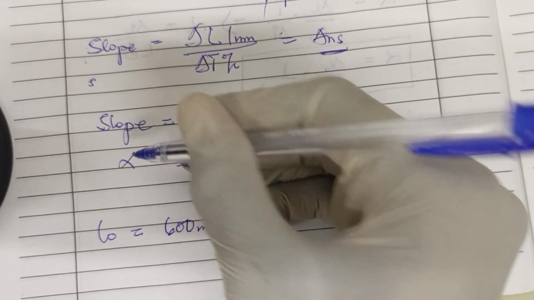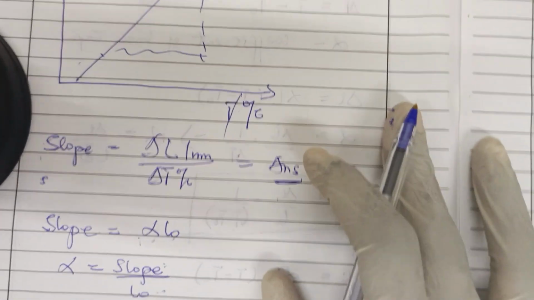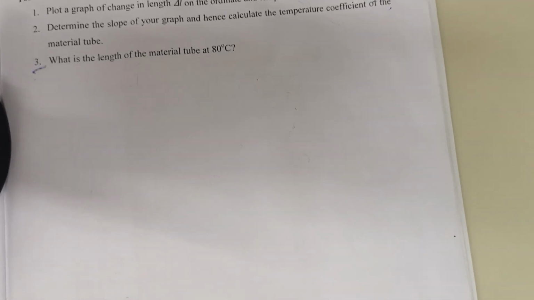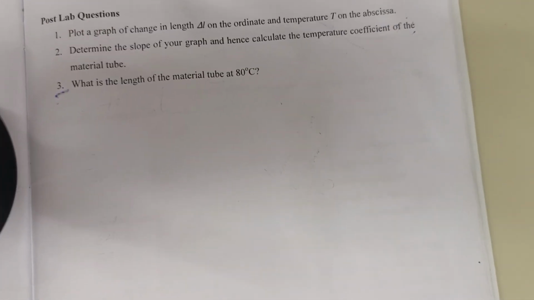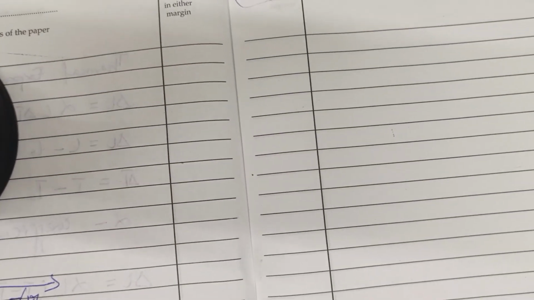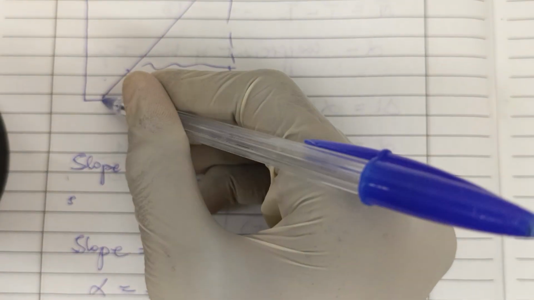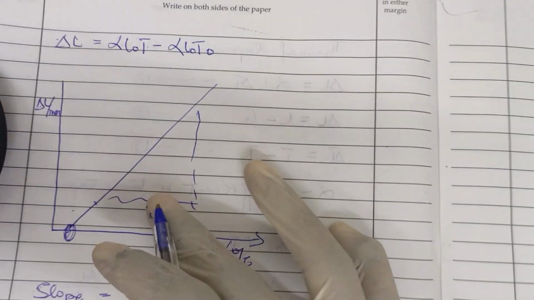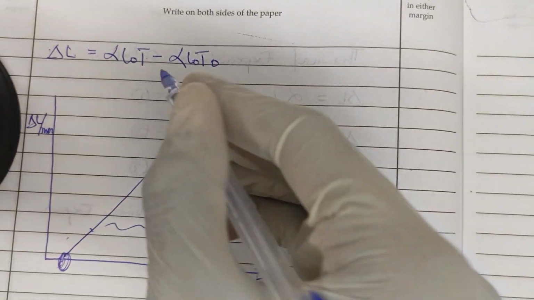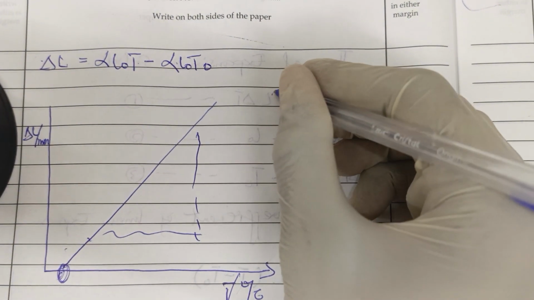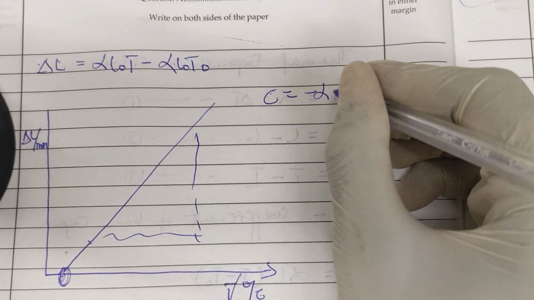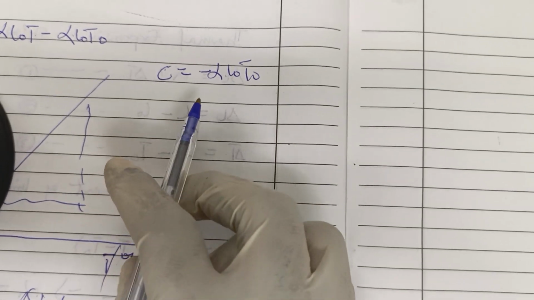The next thing in tackling this particular question is we go back to the intercept on the graph. From our equation here, we said that the whole of this is our intercept. Our C equals minus L naught and T naught. So all we need to do is substitute the values in here, then we can answer this question.